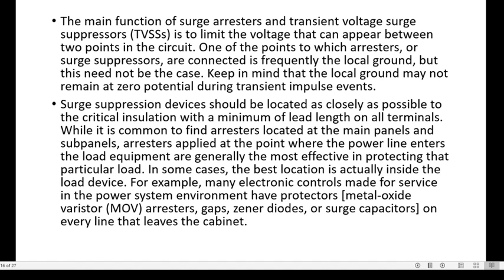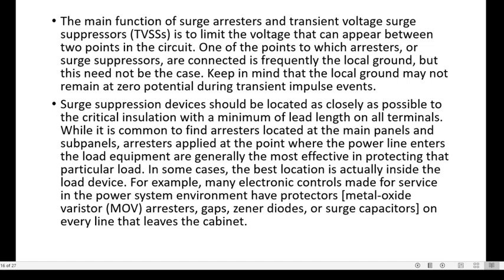Surge suppression devices should be located as closely as possible to the critical insulation with a minimum of lead length on all the terminals. While it is common to find arresters located at the main panel and sub-panels, arresters applied at the point where the power line enters the load equipment are generally the most effective in protecting that particular load.